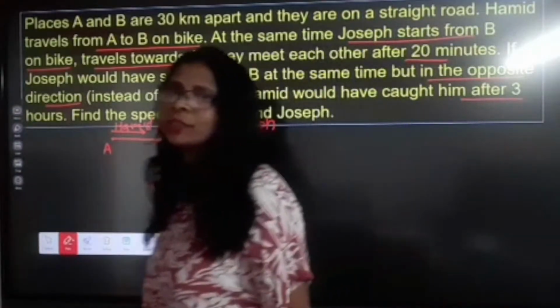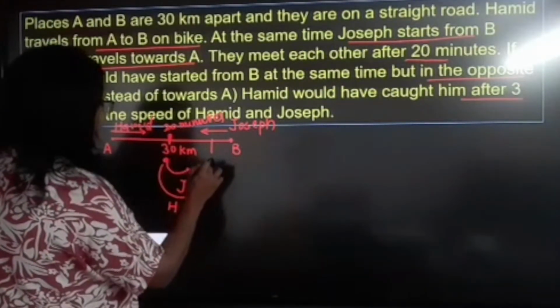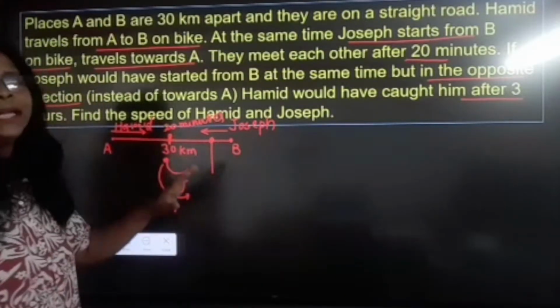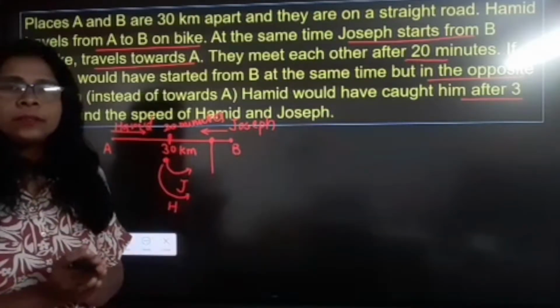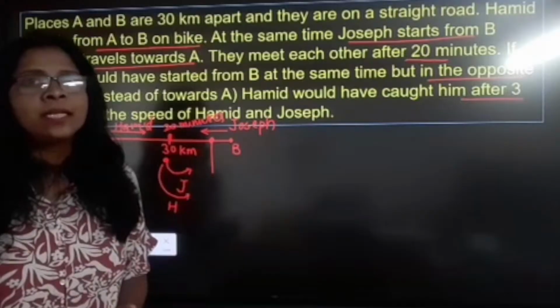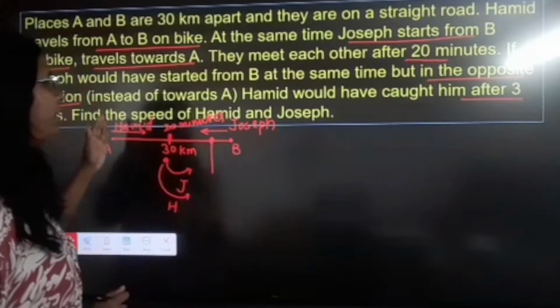That means suppose at this point they meet each other after 3 hours. So by using such information given in the example, we have to get the equations.